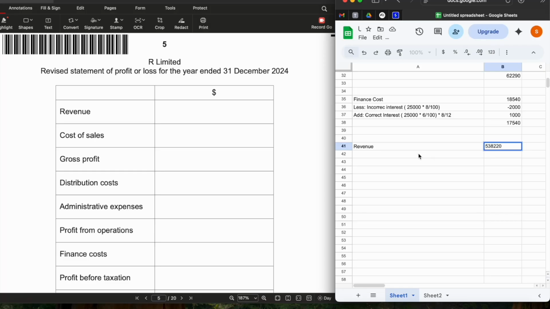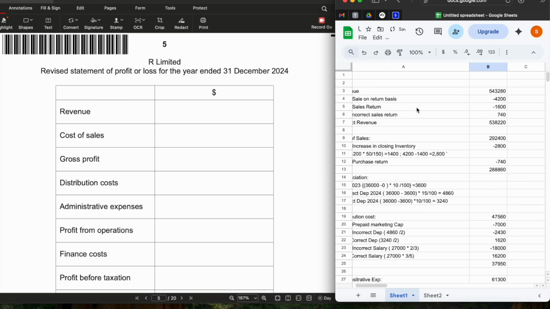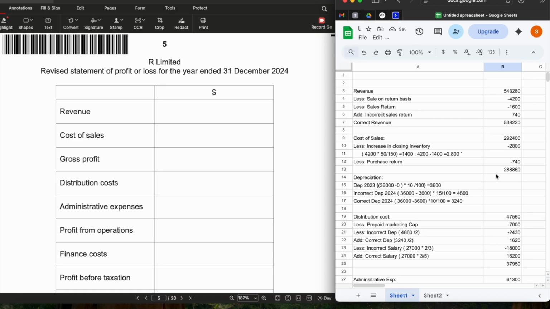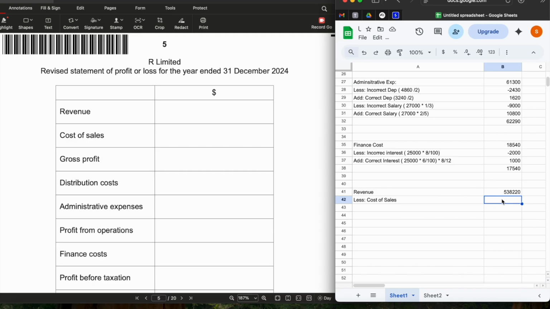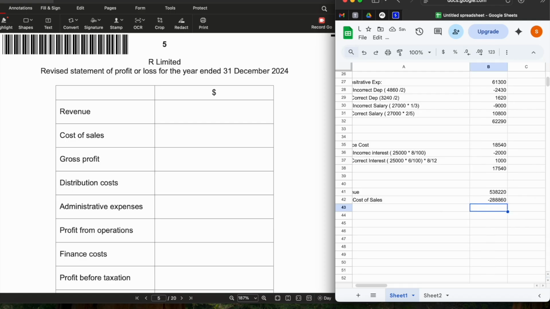Then we'll write cost of sales, which we calculated, 288,860. Subtract cost of sales from sales, and then you have gross profit.